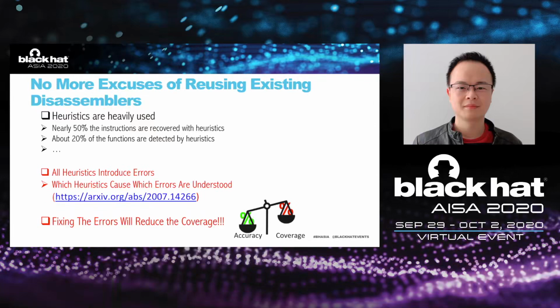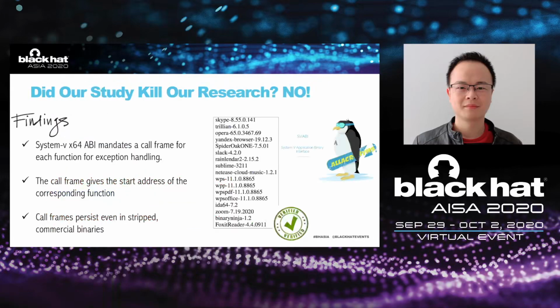So to sum up, the heuristics are actually trade-offs between accuracy and coverage. We cannot easily fix them to avoid errors without losing coverage. In other words, reusing the existing disassemblers may not be a good idea to support our research.